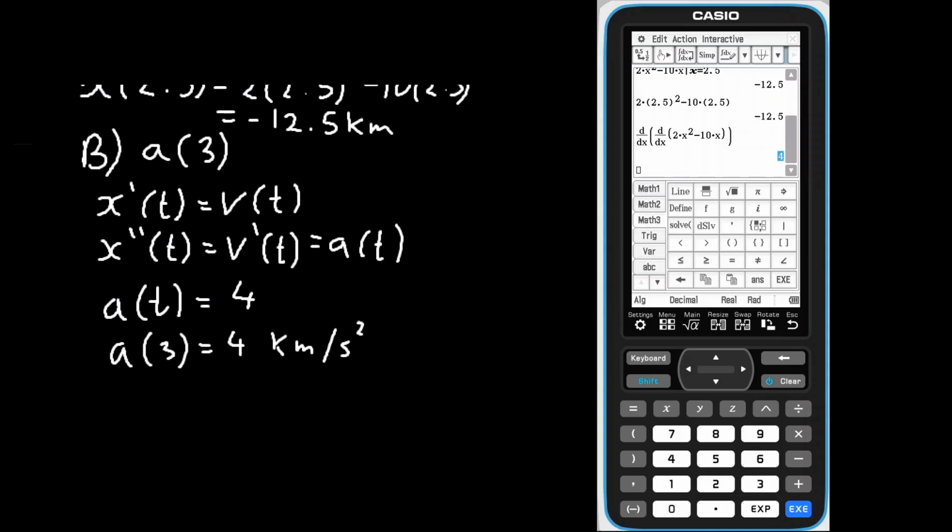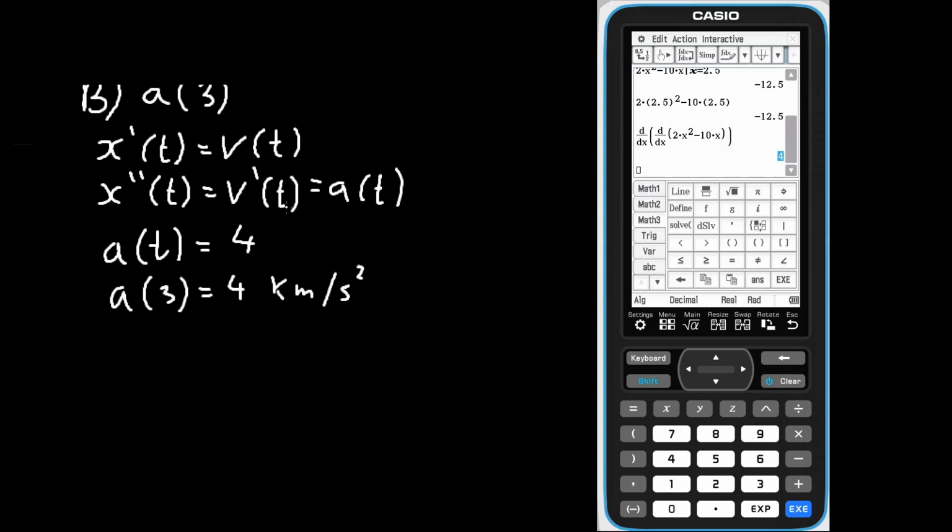Cool. All right, so the next part of the question is C, and that is asking us, determine the distance traveled during the first 8 minutes. So we want to find the distance for the first 8 minutes.